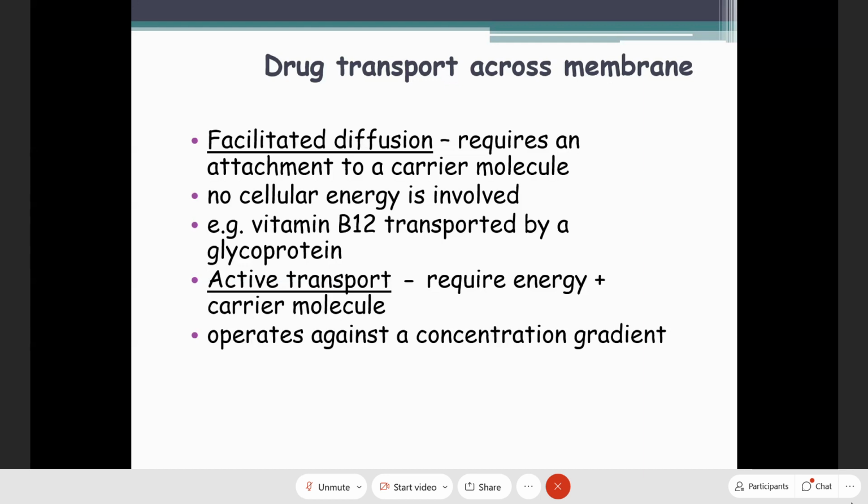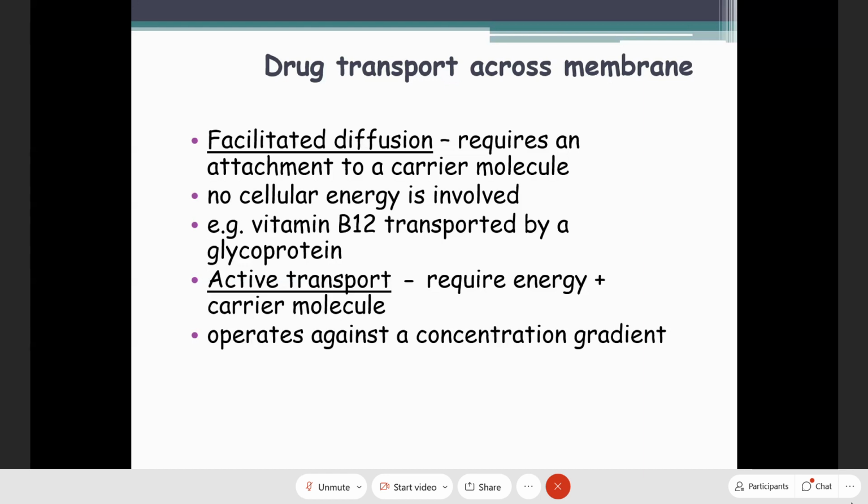This requires an attachment to a carrier molecule, so no energy is involved. For example, vitamin B12 is transported by a glycoprotein. Usually it's attached to a protein and transported across the membranes into the blood circulation.